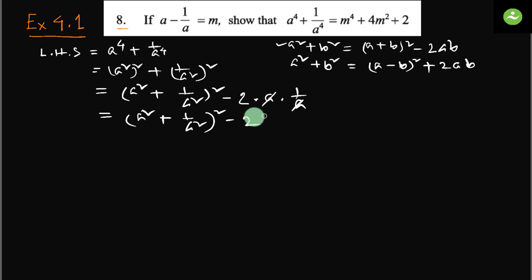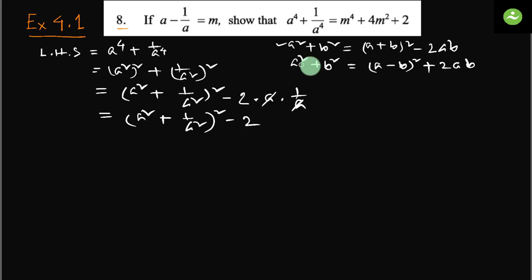Now this also looks like a square plus b square, and we can apply either the formula (a plus b) whole square minus 2ab or (a minus b) whole square plus 2ab. It is our choice which one we should apply. We are given the value a minus 1 by a.